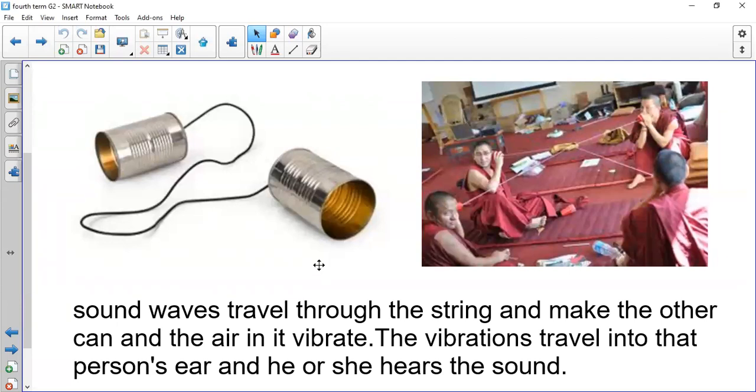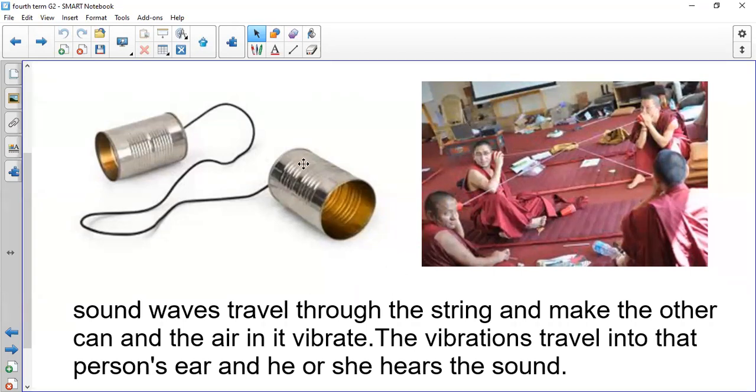He or she talks. Yes, okay. When someone talks in one of the cans, what will happen? It will vibrate. Okay, it will vibrate or the sound will travel through the string.